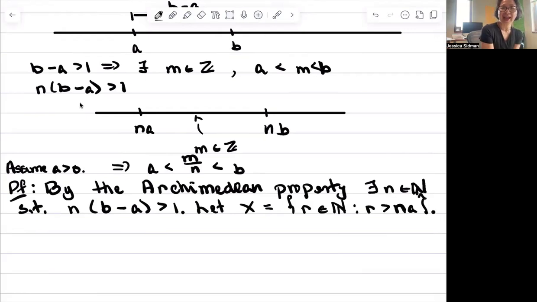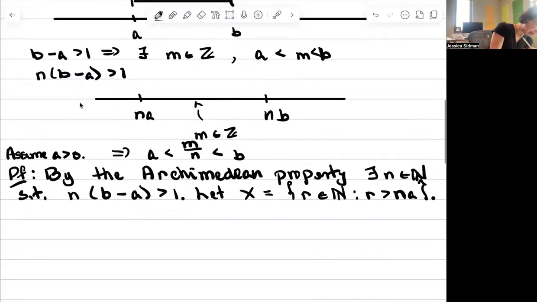And in fact, here I'm sneakily using the Archimedean property again, because I'm saying, well, na is positive, and you know what else is positive? The number 1. So r times 1 is going to be bigger than na for some natural number r. Okay, so I know this set is non-empty.